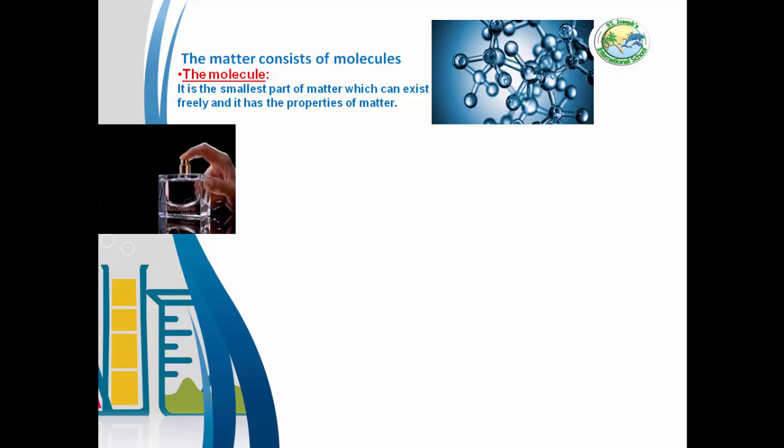And also we can see that the mass of the bottle decreases. So the particles of the perfume, which is the building unit of the perfume, spread all over the room, keeping the properties of the perfume because it had the same smell. These particles are known as molecules.